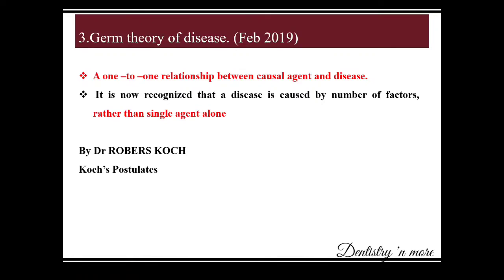We have many other theories: web of causation, epidemiological triad, multifactorial causation, and germ theory cannot explain lifestyle diseases like hypertension, diabetes, cardiovascular disease or cancer. You can explain Koch's postulates. The four postulates are there, so you can include them to get good marks, because everybody will be writing all this. If you put in extra points, you will get good marks.